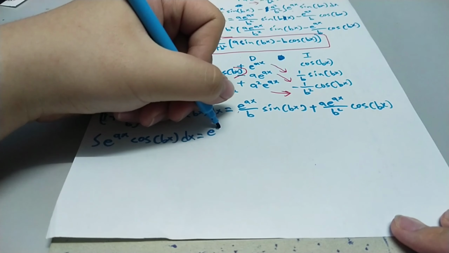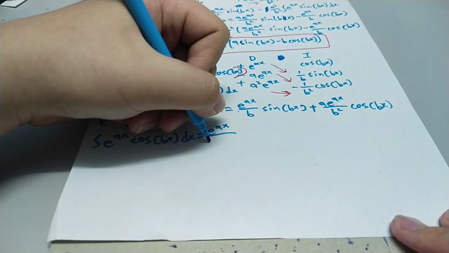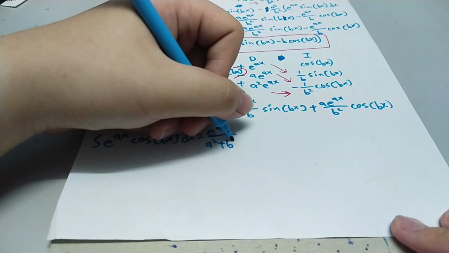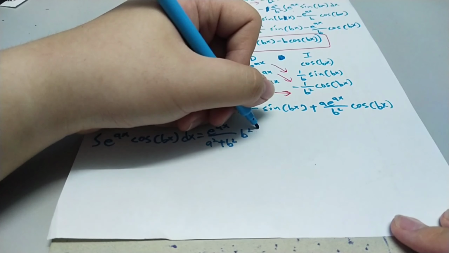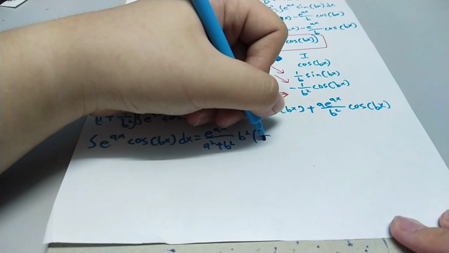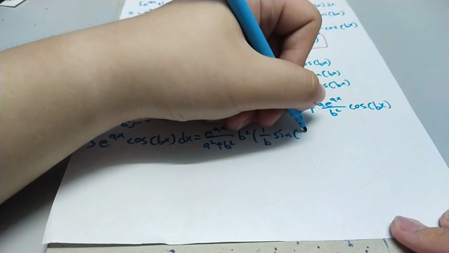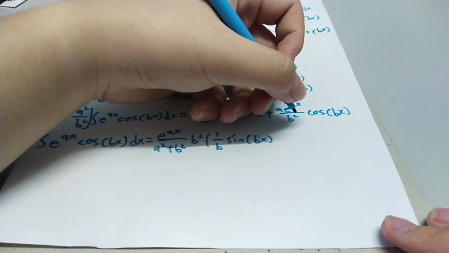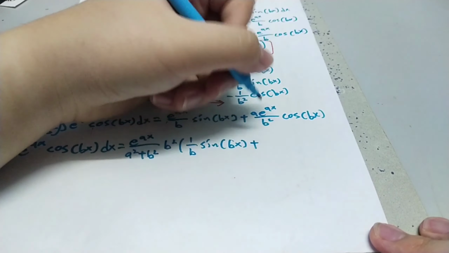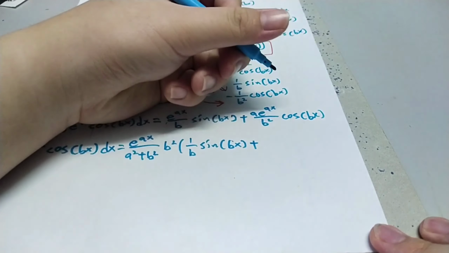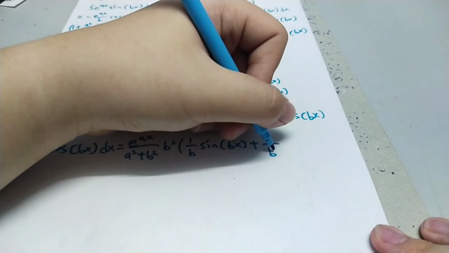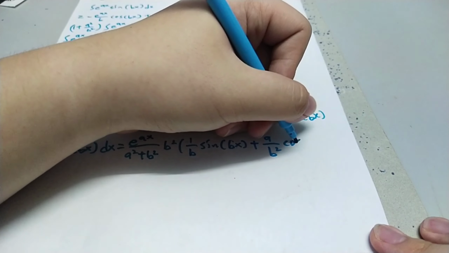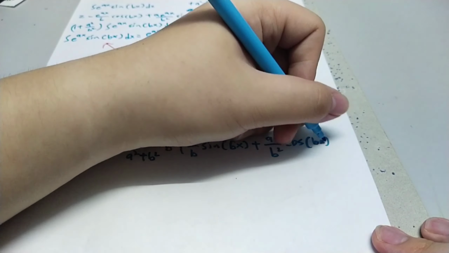So e power of ax over a squared plus b squared times b squared times 1 over b times sine of bx plus a over b squared times cosine of bx.